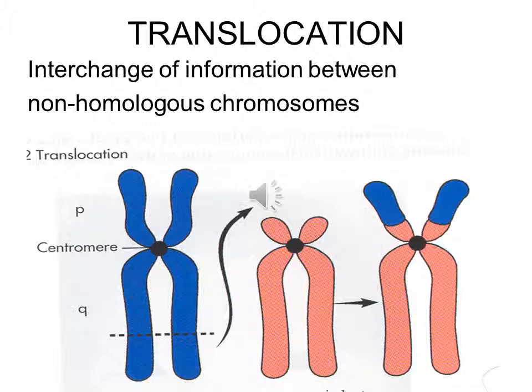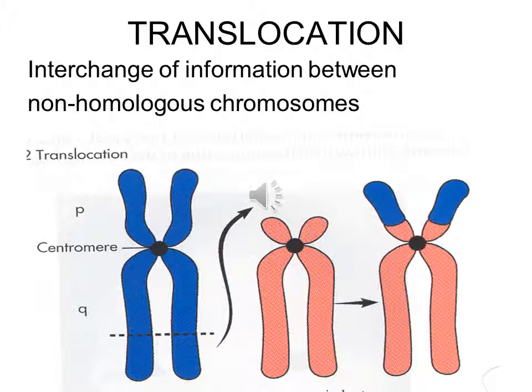Another cause of abnormality in chromosomes is translocation. Translocation is the interchanging of genetic material between non-homologous chromosomes. A reciprocal translocation occurs when the break takes place between 2 different chromosomes and the material is exchanged.